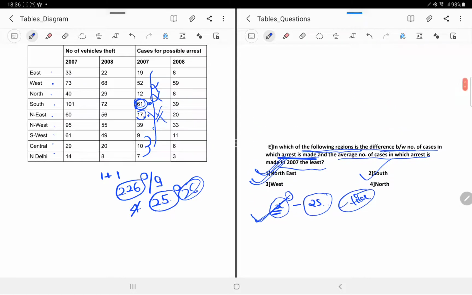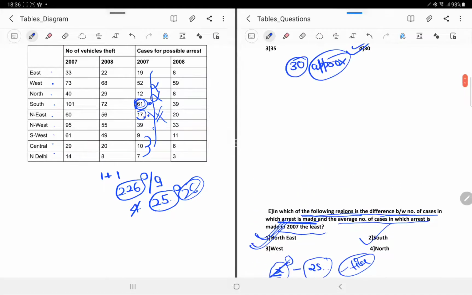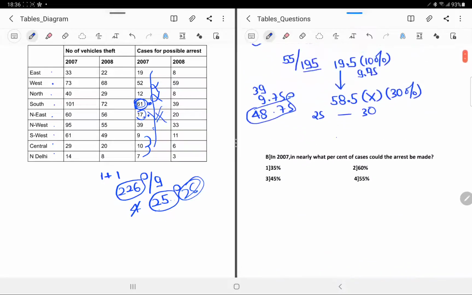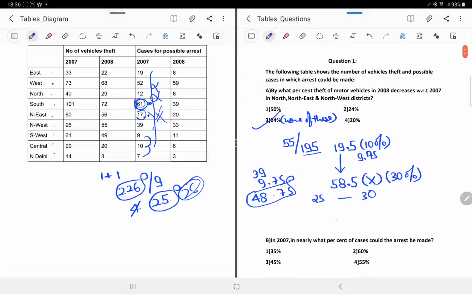Okay, so that's it for this session. The purpose of doing this question was just that you should be able to find out that there is no scope for unnecessary calculation. Solve it as per the subpart. It could sometimes be calculation intensive, so you should be equipped with your calculation.